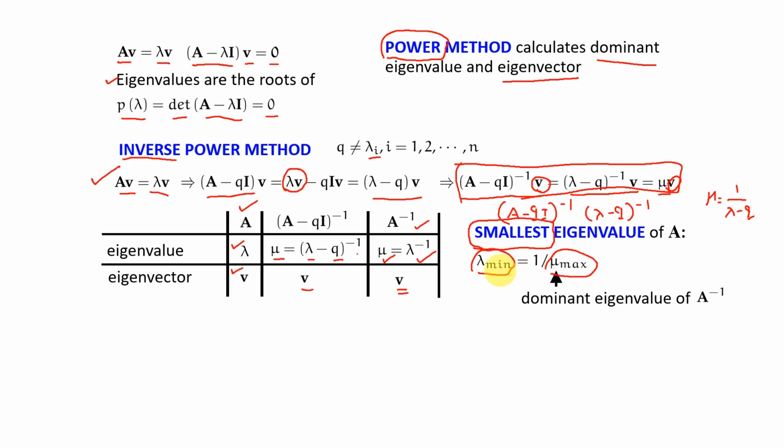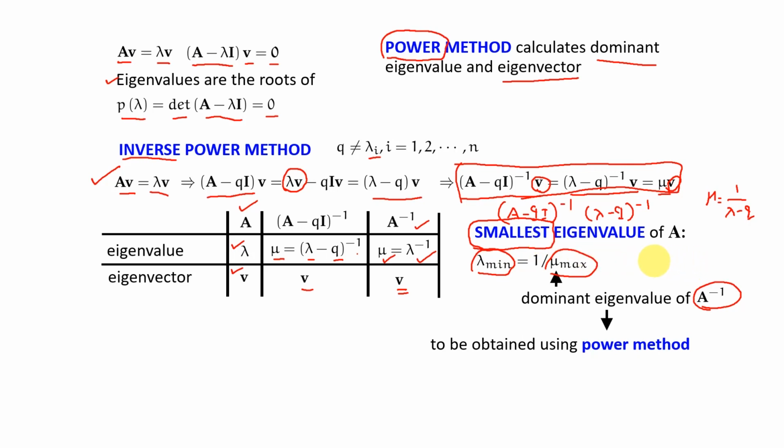So finding the minimum lambda of the matrix A is the same as finding the dominant eigenvalue of A inverse. Since it is a problem of finding the dominant eigenvalue, we can simply use the power method over A inverse to find mu max, and as soon as I get mu max, 1 by mu max will give me lambda min. That means I get the smallest eigenvalue of A.